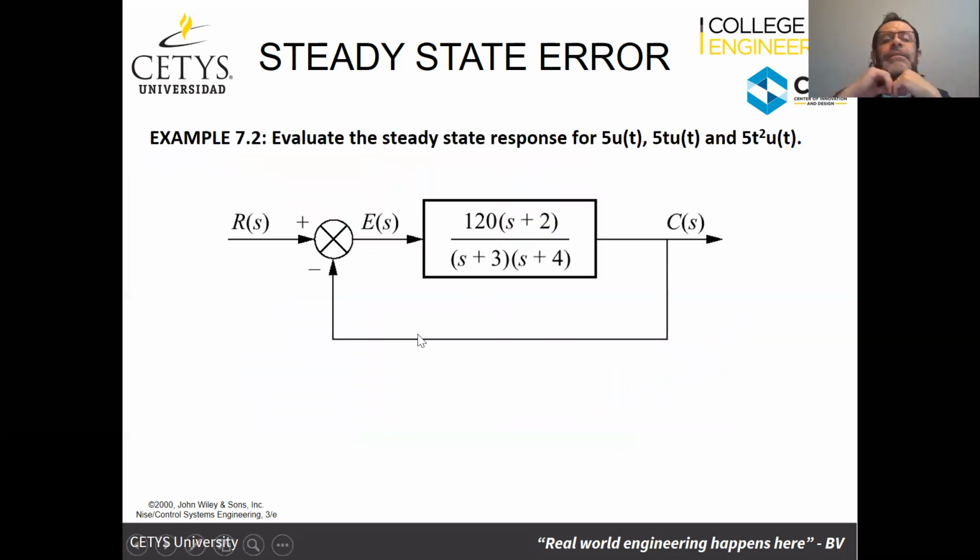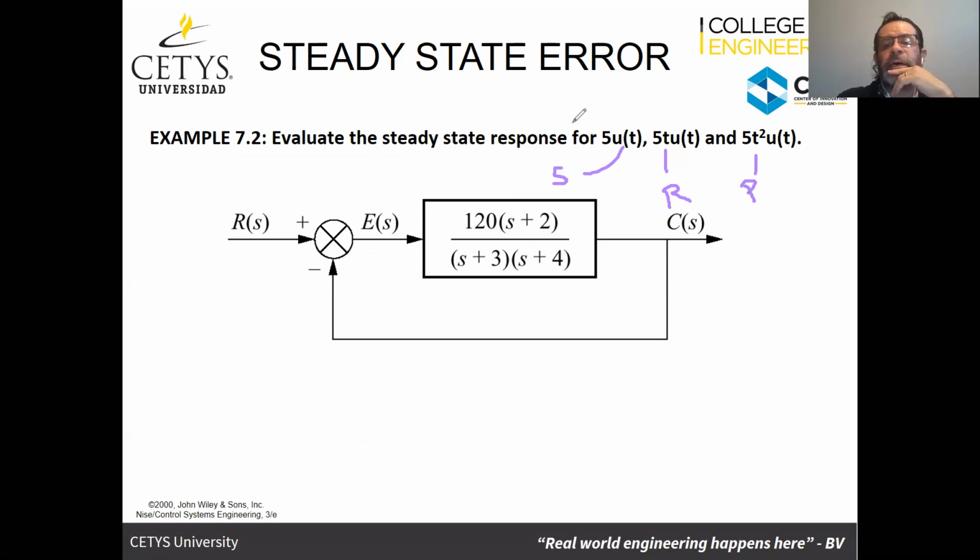So let's analyze this. Let's evaluate the steady state response of this system for three situations. 5u(t), and this one here, this is the step. 5tu(t), and this is the ramp. And 5t squared u(t), this is the parabola.